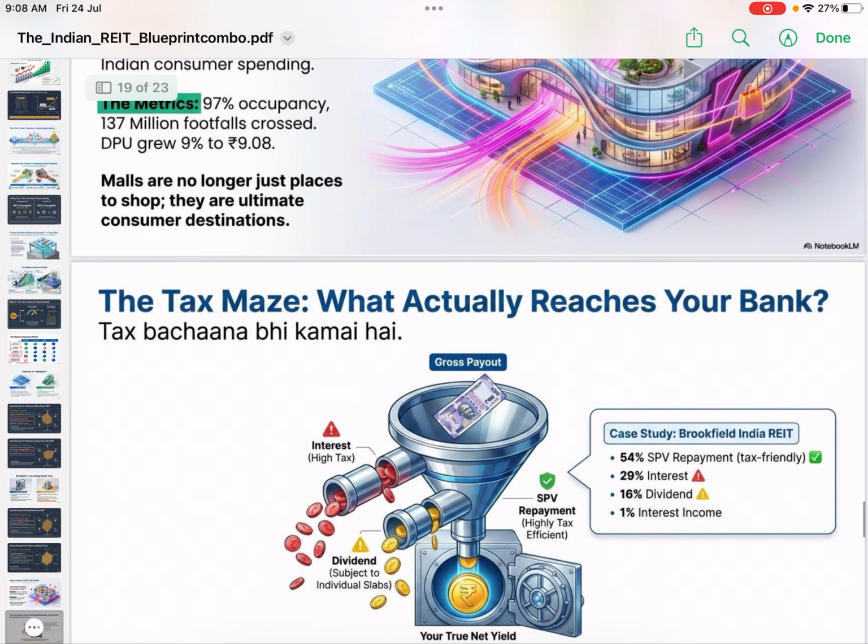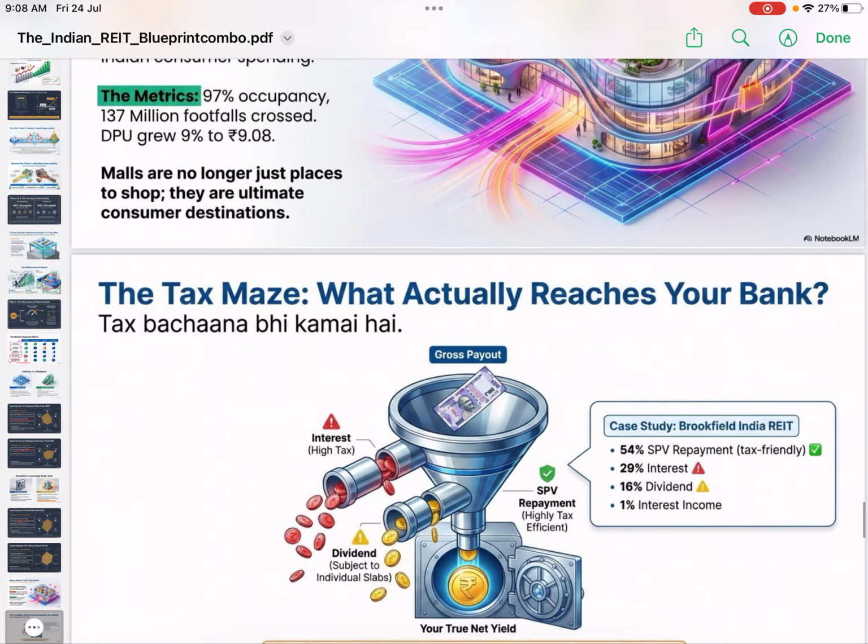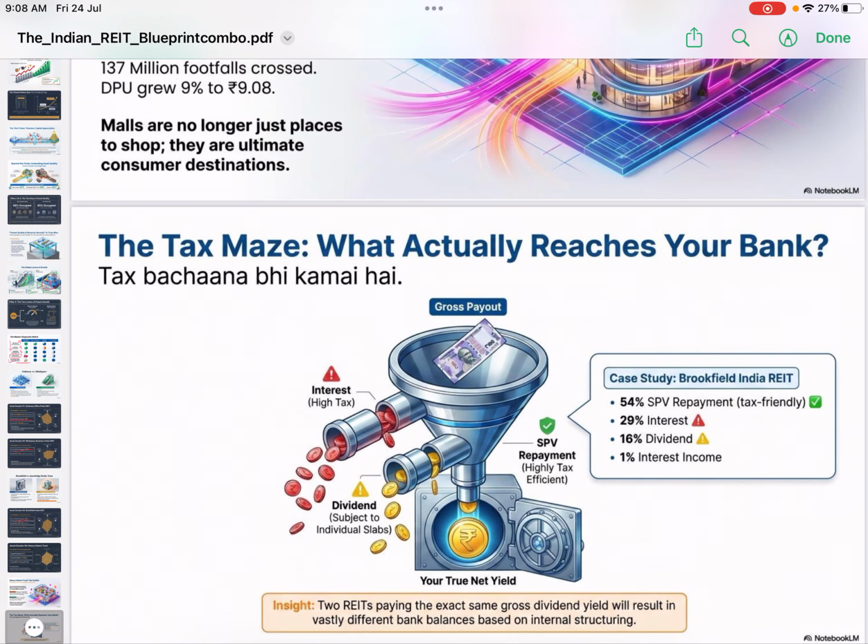now there is another part also, which is called taxation. Okay, so taxation, we cannot actually give a specific rate, like we have LTCG and STCG, right? 12%, 12.5% and 20%. Here taxation is a mix, because REIT payouts are a mix of interest earned on the investment, dividends, which we get as rental yields, and repayment of capital.